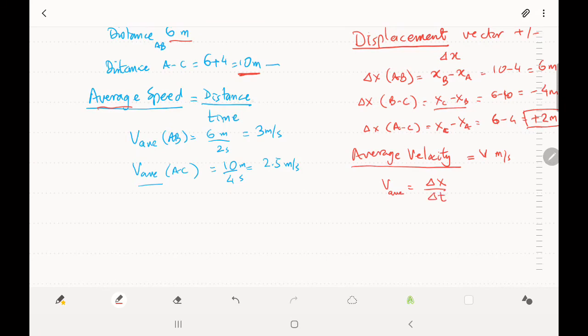So not the distance, but the displacement over time. And therefore the v average from A to C would be the displacement from A to C, which is 2 meters, and the time is 4 seconds.